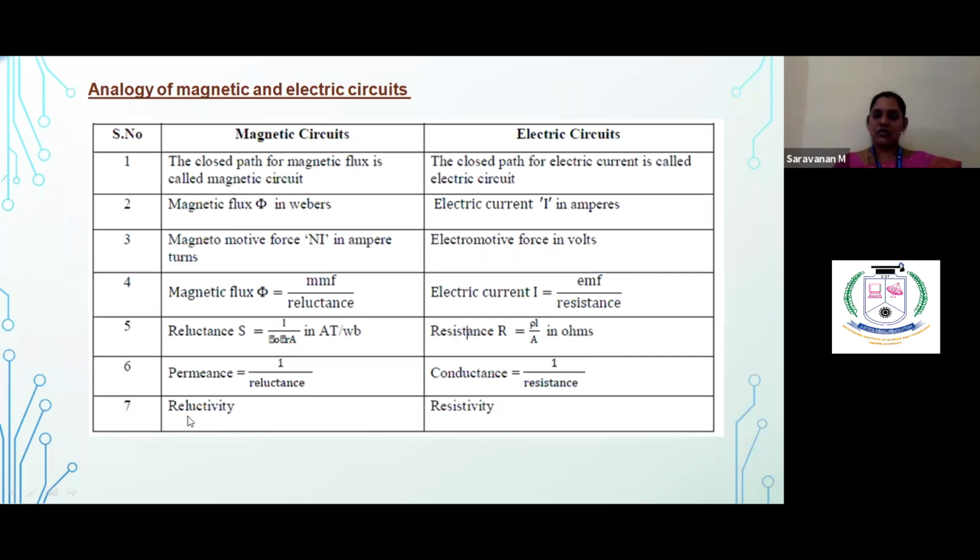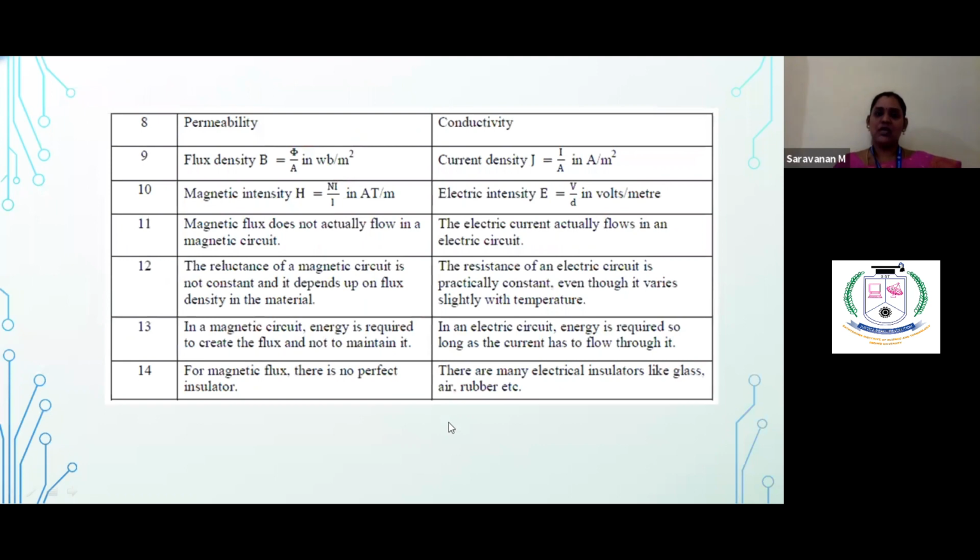Here it is permeability, and in the electric circuit it is conductivity. In the magnetic circuit you have flux density, and in the electric circuit you have current density.